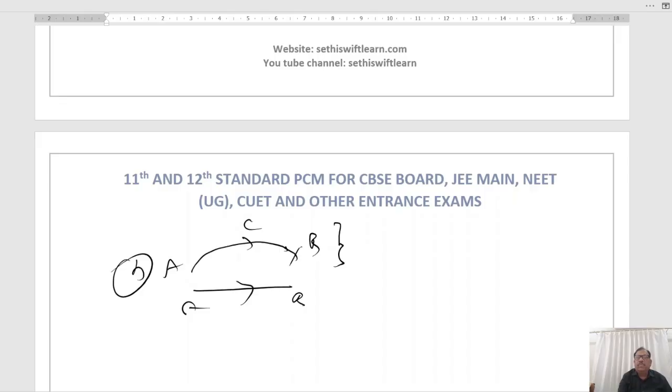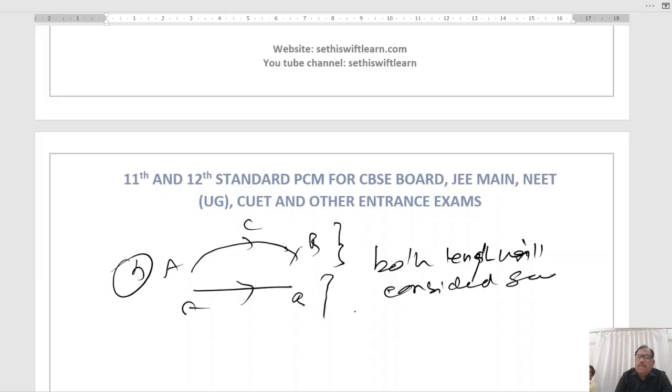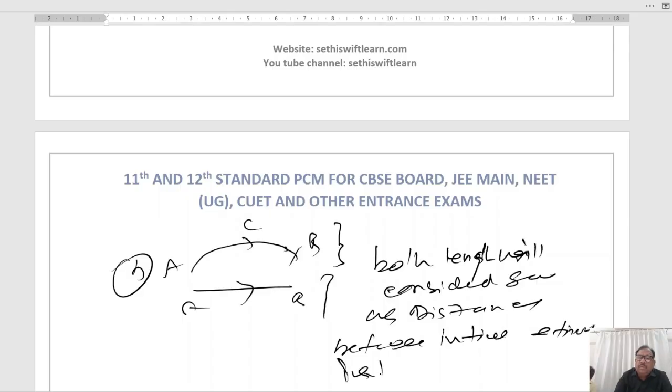In this case, both lengths will be considered the same, as the distance between initial and final position is the same.